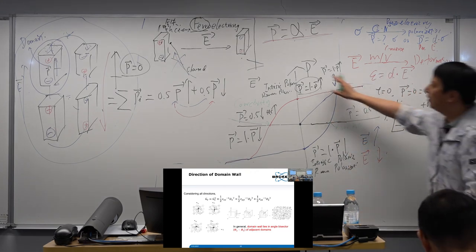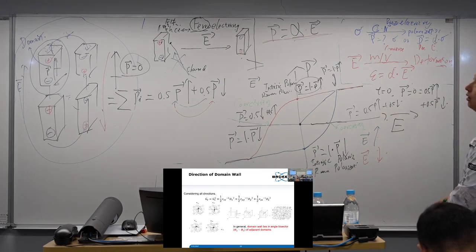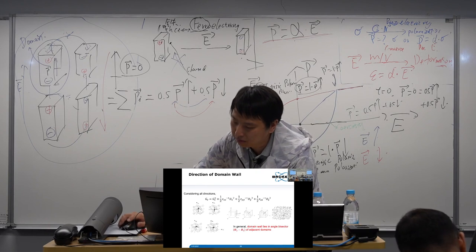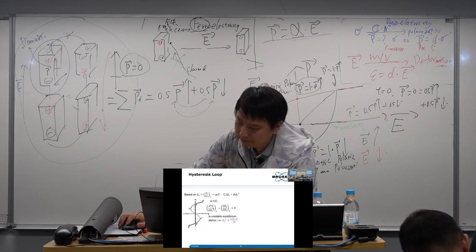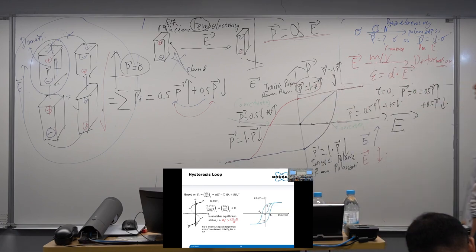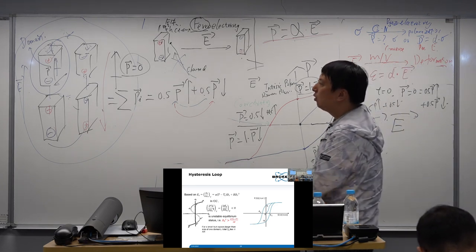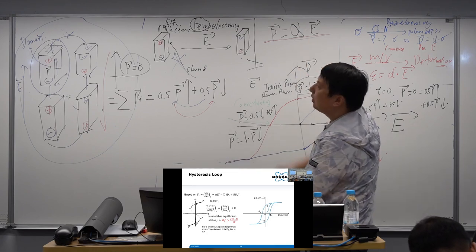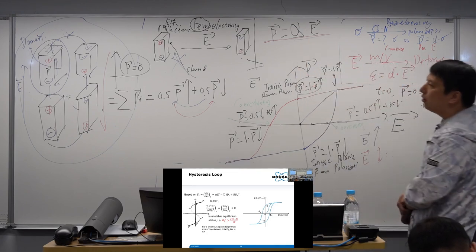Okay, then we finally get this loop. And this loop, we call it hysteresis loop. And some textbooks will call it ferroelectric hysteresis to distinguish it from the ferromagnetic hysteresis.